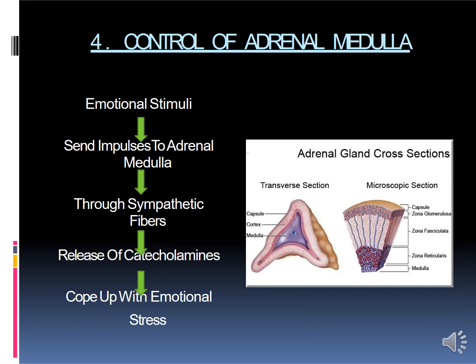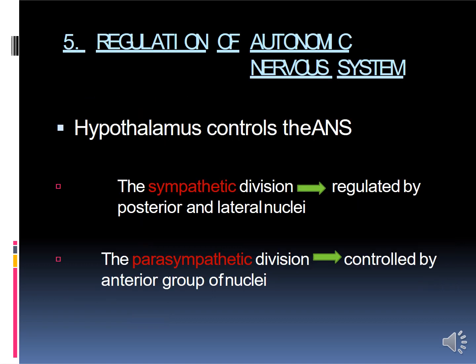How is the adrenal medulla controlled? Emotional stimuli send impulses to the adrenal medulla via the sympathetic fibers, which release the catecholamines, and it copes with the emotional stress.